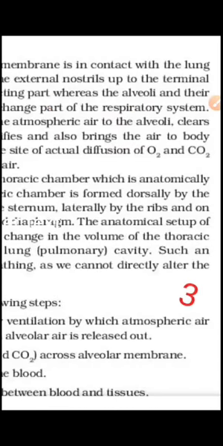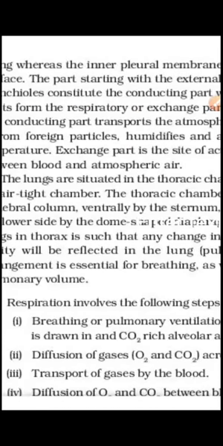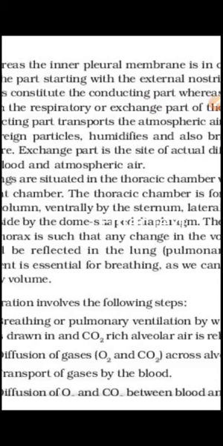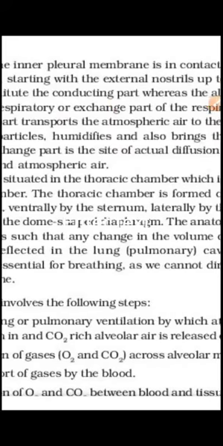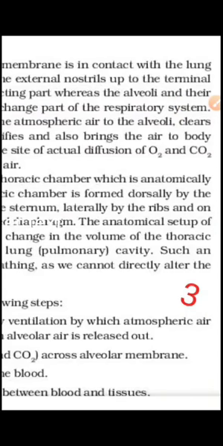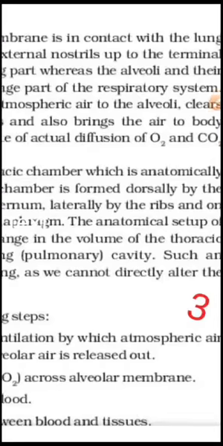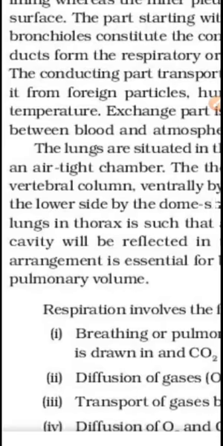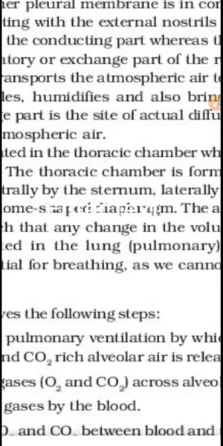The thoracic chamber is formed dorsally by the vertebral column, ventrally by the sternum, that is the middle bone you can see in the chest, laterally by the ribs, and on the lower side by the diaphragm.